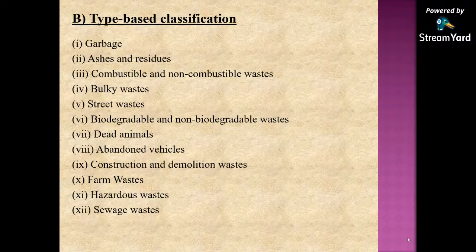Note that in some cases, the active agents may be liquid or gaseous hazardous waste. They may be in the form of liquid or gases. They are classified as solid waste as they are confined in solid containers.